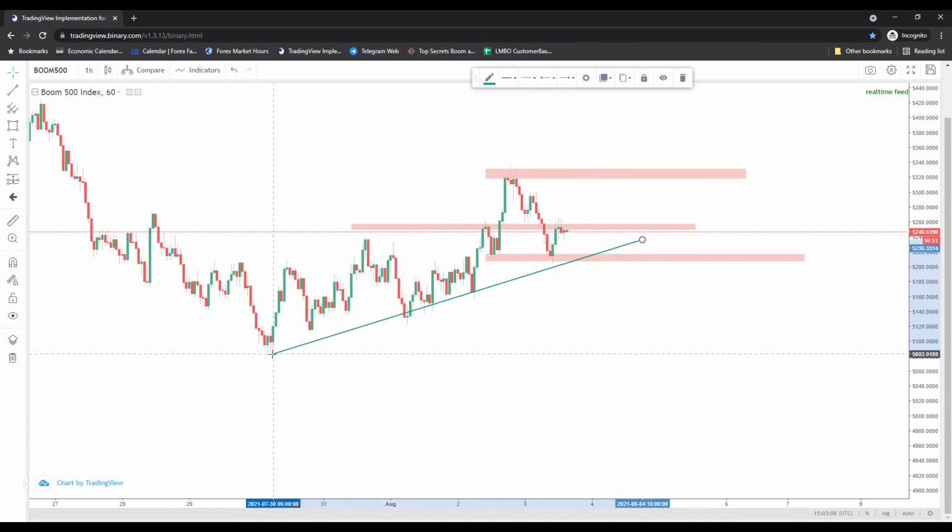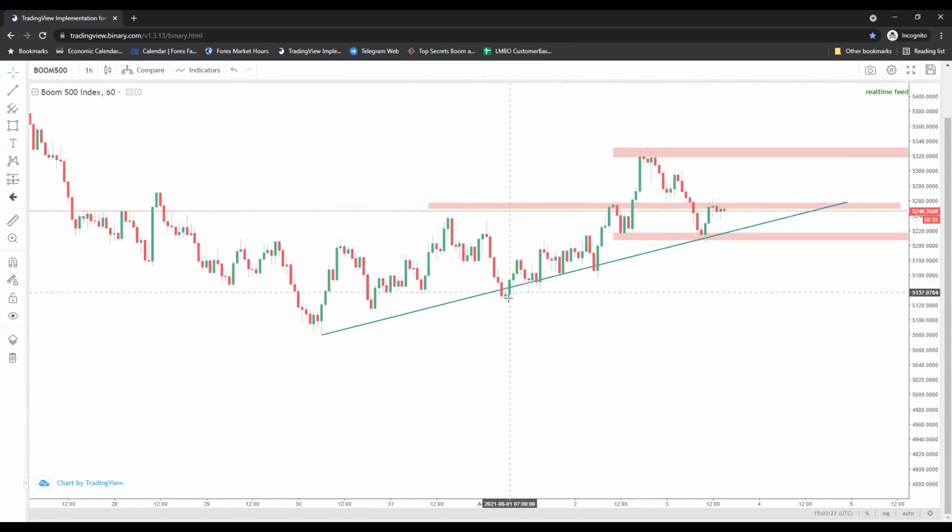Don't worry about whether it is a body or the wick. You need the maximum touch. That is your valid trend line. Sometimes you have to draw like this, because these are the fake breakouts. You can see that clearly.